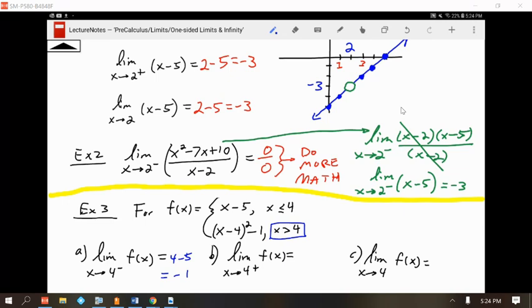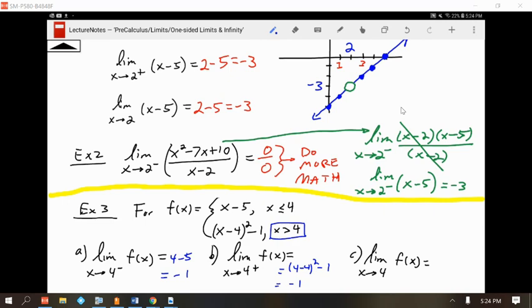So what's the right side of 4? I still just plug 4 in, but notice which piece I'm going to plug it into now. I'm finally using something different than x minus 5. I'm going to plug 4 into the other function, which says (4 minus 4) squared minus 1. And what is 4 minus 4? That's 0, and 0 squared is 0, minus 1 is negative 1.